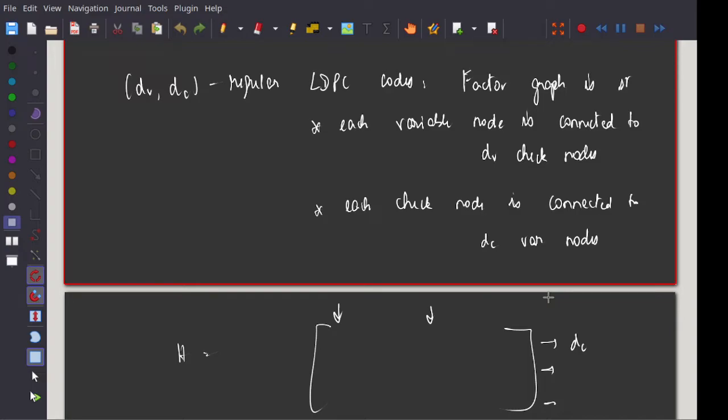A cycle is basically any path, any sequence of edges which starts and ends at the same node. So you understand what a cycle is. By short cycle, I mean something which is a constant. Typically, we'll want to design LDPC codes for which the smallest cycle in the factor graph is at least something like log n.